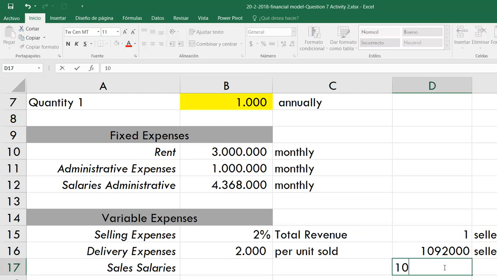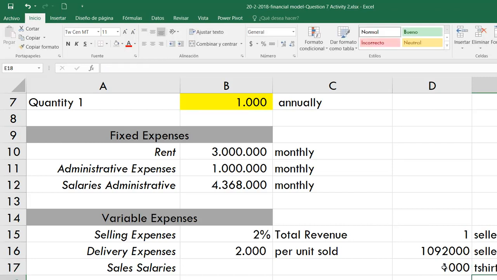So I type here 1,000 t-shirts a year per seller. So right now I have 1,000 sales divided by my 1,000 capacity per person, so I actually need just one seller.